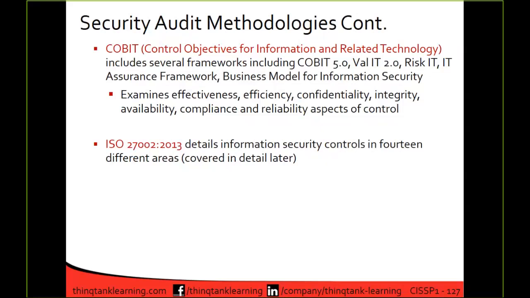COBIT, the Control Objectives in Information and Related Technologies, another best practice framework. This was created by ISACA, International Professional Association for IT Management and IT Governance.